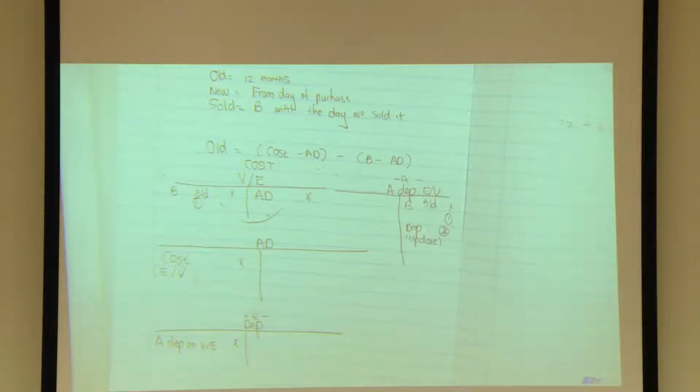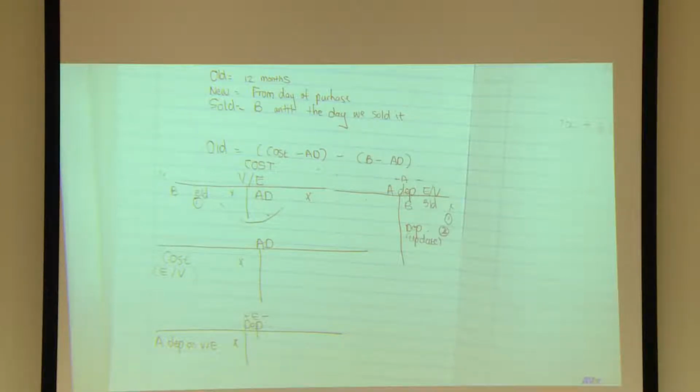So although I'm taking out the total accumulated depreciation, I'm still including that part from the beginning until the day that I've sold it. I'm still including that as an expense to the business by showing it in my depreciation account.